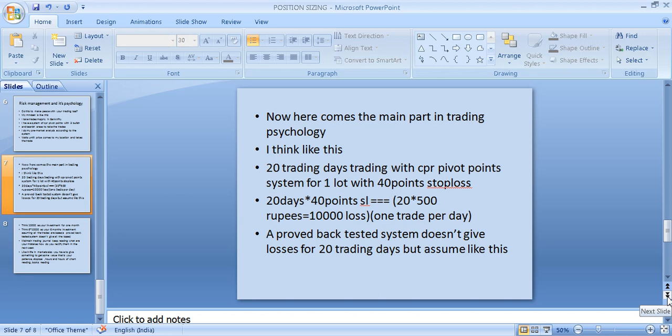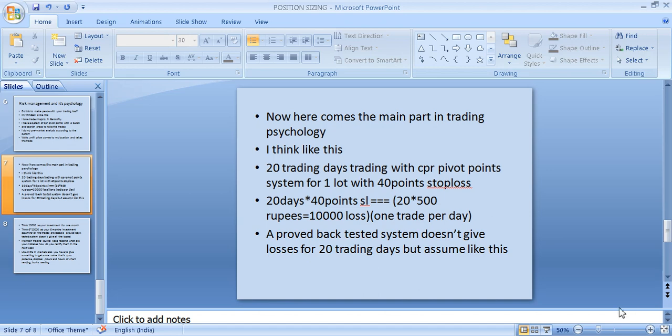Now here comes the main part in trading psychology. I think like this: an average of 20 trading days will be there in a month. With the CPR pivot points, for one lot, 40 points stop loss in Bank Nifty.